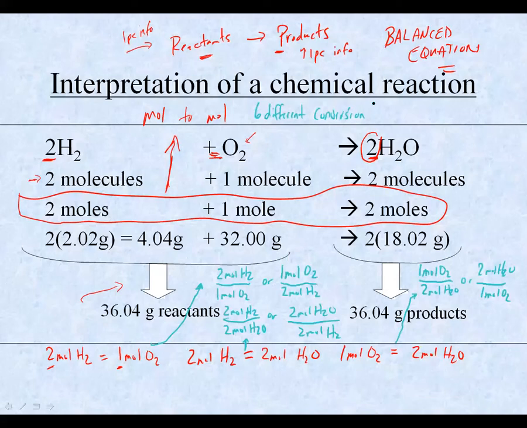And instead of looking it up in a table like we do for most conversion factors, the place that we could get the conversion factors actually comes from the balanced equation. And this is why the balanced equation is really important, because it will provide you the correct conversion factors to do a calculation like that.